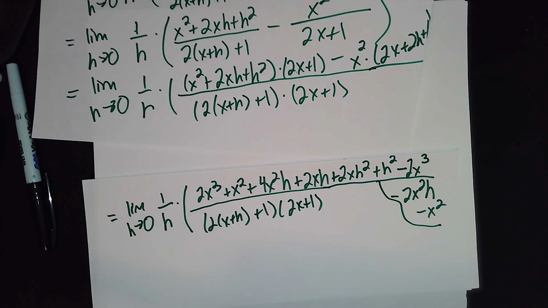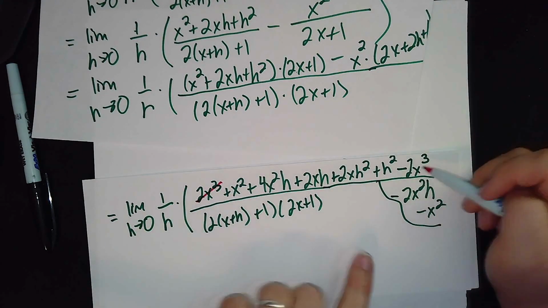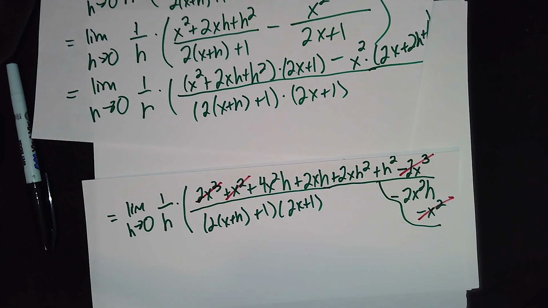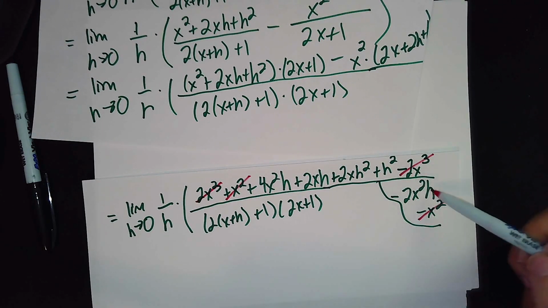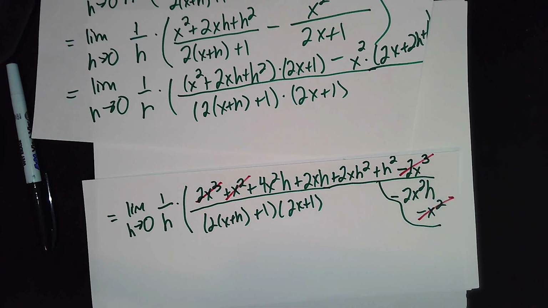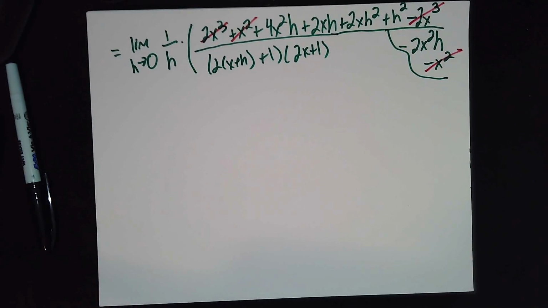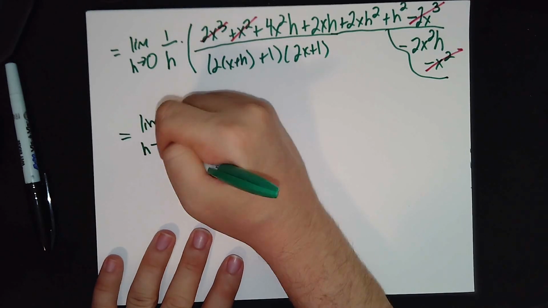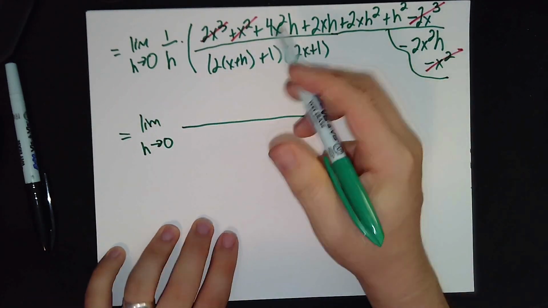Just looking for things that potentially cancel, I see a 2x cubed and a minus 2x cubed, and I see an x squared and a minus x squared. And again, conveniently, after I've done that, every term that's left has an h in it, which is what I'm looking for. So I can actually do my step where I divide through by h. When I do that, I'm left with the limit as h goes to 0 of a big fraction.